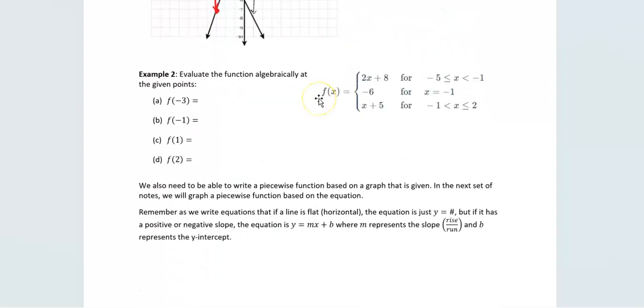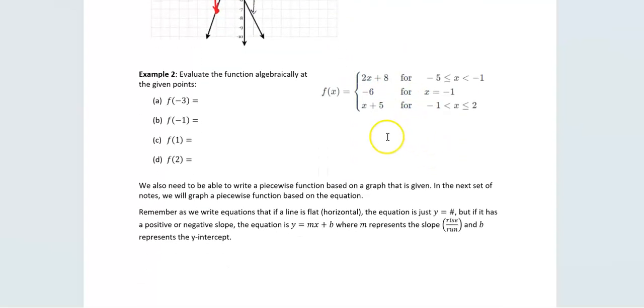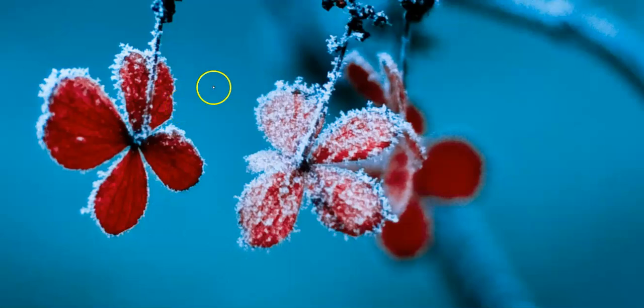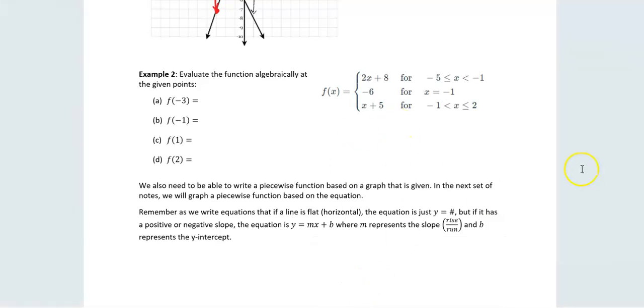Then we also need to be able to evaluate algebraically. So if we're not given a graph, how do we do this? It's very simple. You take the number and you plug it into the appropriate location in the equation. So what's appropriate? Well, we determine what's appropriate by looking at what this number is. -3 is the number we're dealing with.